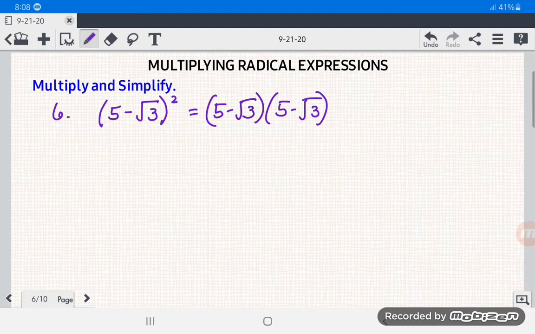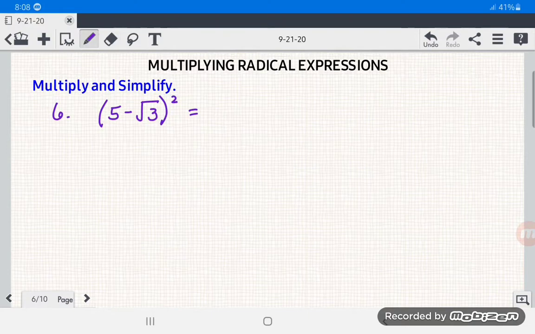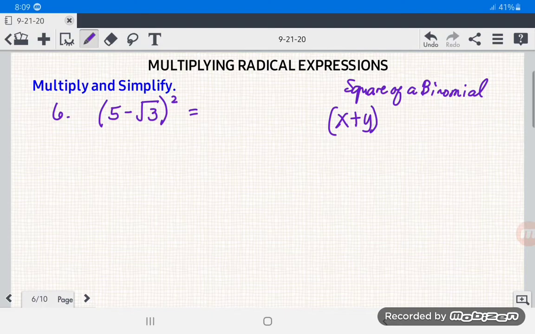So what we're going to do is make use of the concept of getting the product of a square of a binomial. If we have x plus y squared, its product is equal to x squared plus twice the product of the first and the second term plus the square of the second term. If this is minus, the middle term should be minus also.